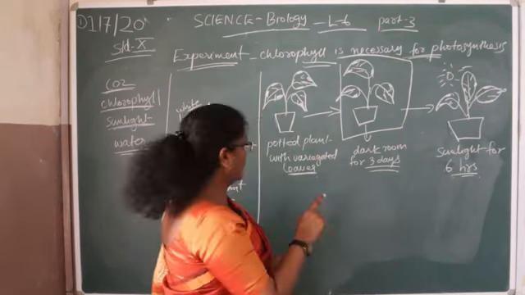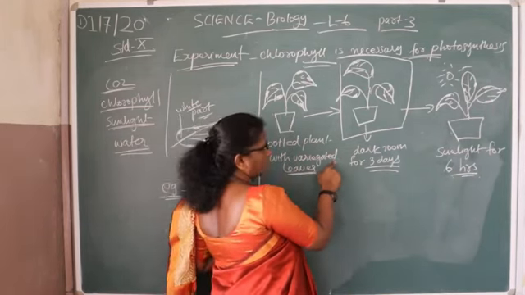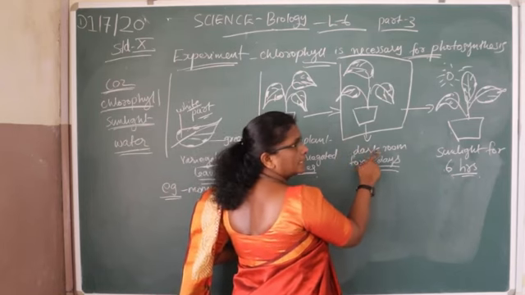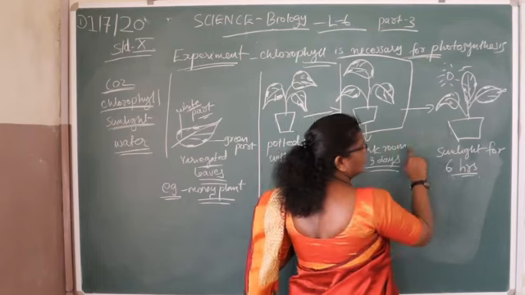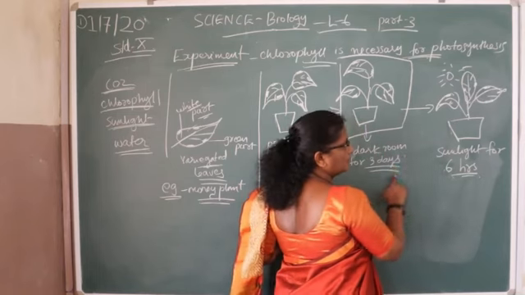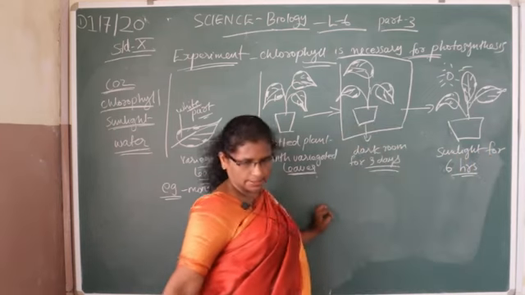First, we take a potted plant with variegated leaves. Then next step, keep this one in a dark room for 3 days. The next step, we bring our experimental plant again into sunlight for 6 hours.